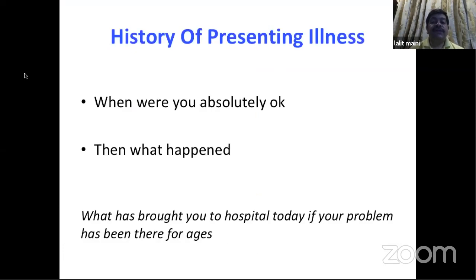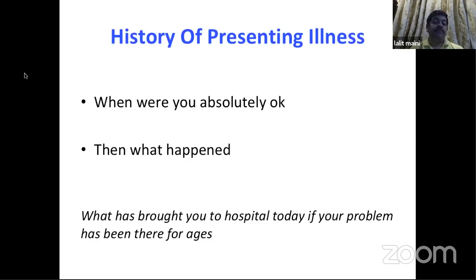So history of presenting illness, how do you get it out? You ask the patient, when were you absolutely okay? You actually have to take him back to a timeline where he was absolutely okay, so that he can actually tell you the right duration he's been having that illness. And after that, you need to ask him what happened then.